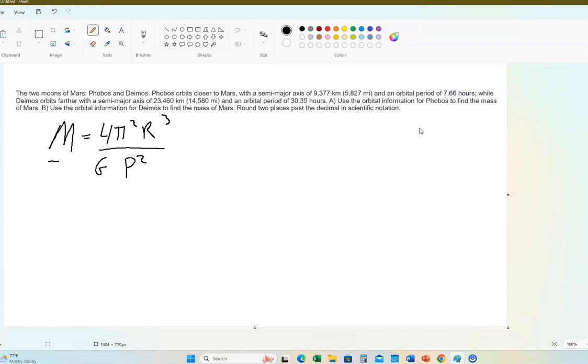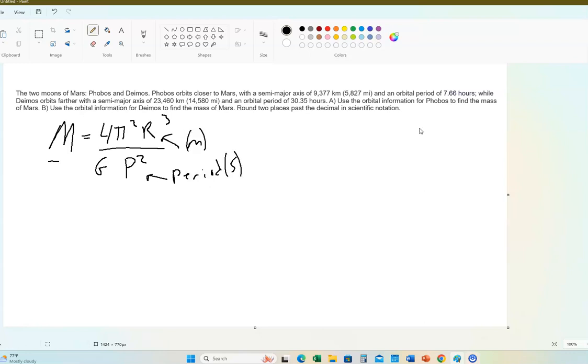Remember, R has to be in meters, and the period P is supposed to be in seconds. All right, so this has to be in meters.